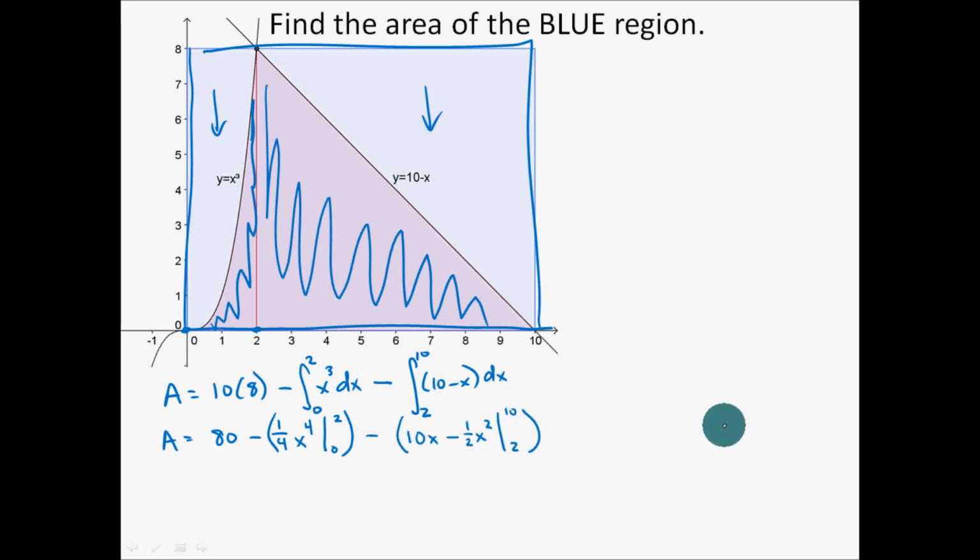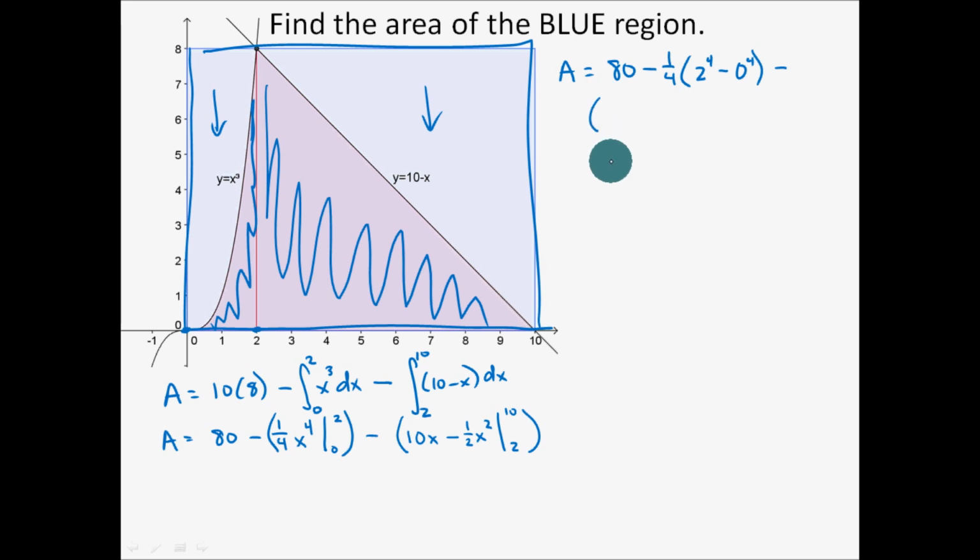All right, so now let's go through the algebra of this. So the area is going to be 80 minus 1/4. Since it's a constant, I can pull that out, of 2 to the fourth minus 0 to the fourth. Minus, I'm going to need a ton of room here, so see if you can follow with me.